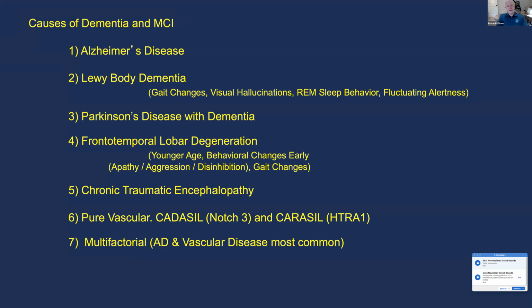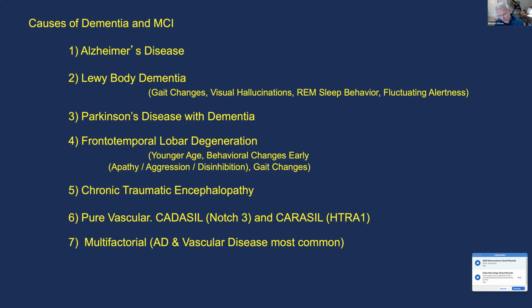is Alzheimer's disease, the most common. Lewy body dementia is a variant of Alzheimer's disease associated with Parkinson's for the most part, although Andy Liu would tell us that there are some people with a pure Lewy body variant. Parkinson's disease with dementia. Frontotemporal lobar degeneration, which a lot of people aren't aware of, but we see quite a bit of.